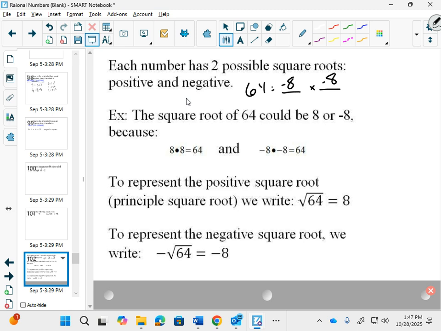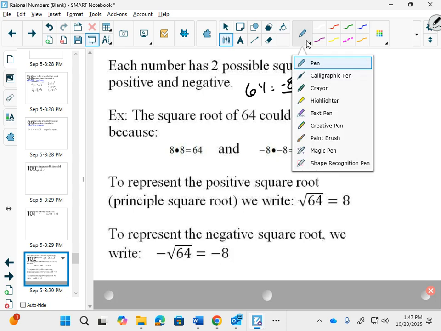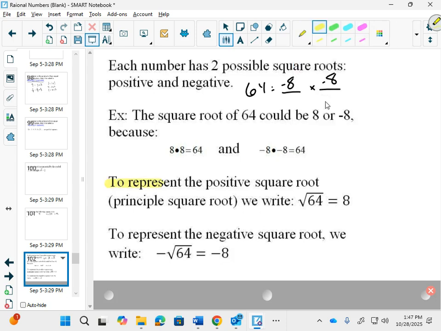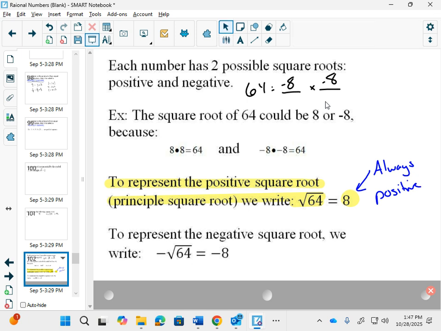But when we use this symbol, we are only going to look for the positive one. If we want the negative one, we have to put a negative in front of the square root.